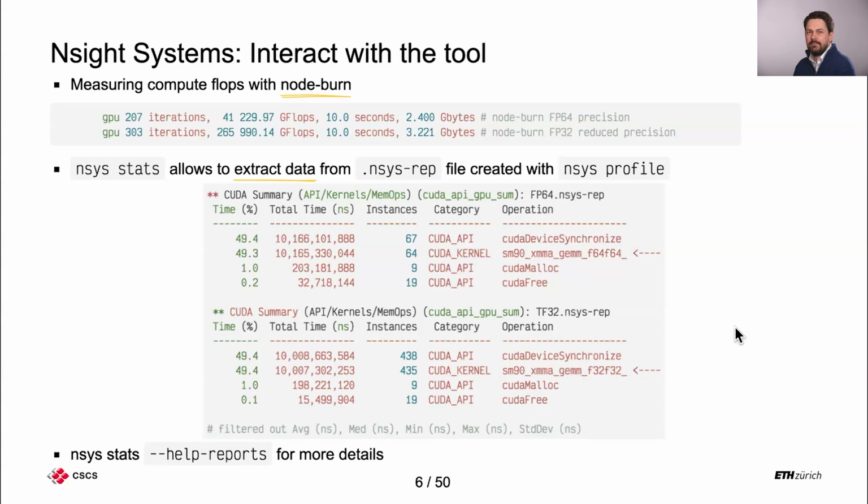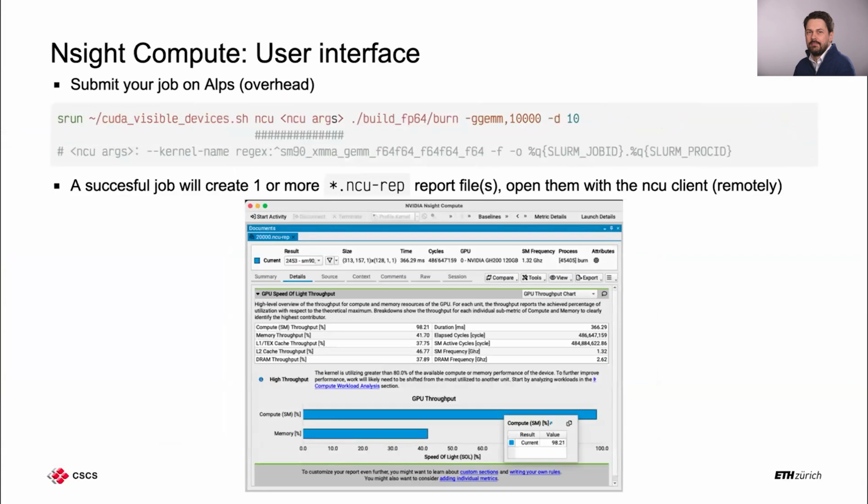So that's already confirmation of why the code is running faster. And you can get more details with the help flag. Okay, so back to the user interface. Now we are moving to Nsight Compute.